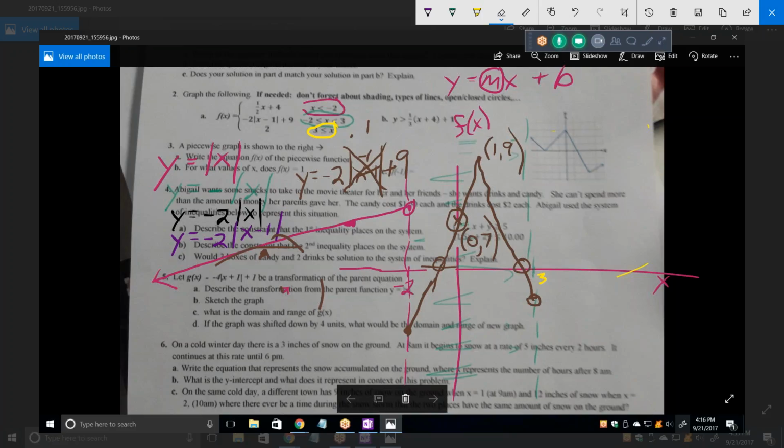Horizontal lines are y equals some number. Notice there's no x in that. It's y equals 2. That's a horizontal line at 2. At this point, is that open or closed? Closed. Correct.